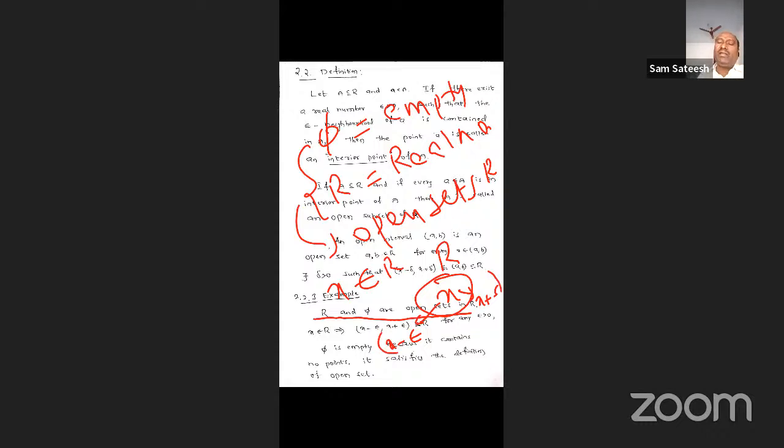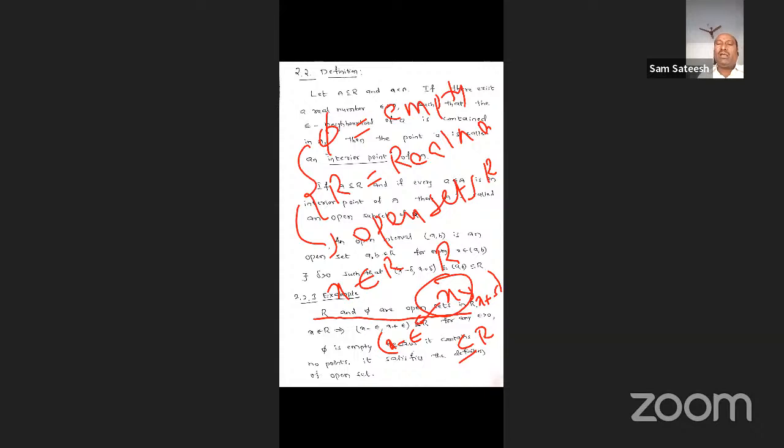This interval is a subset of R for any epsilon greater than 0. Here epsilon is a positive real number, subtracted from x and added to x, giving the left and right neighborhoods of x.